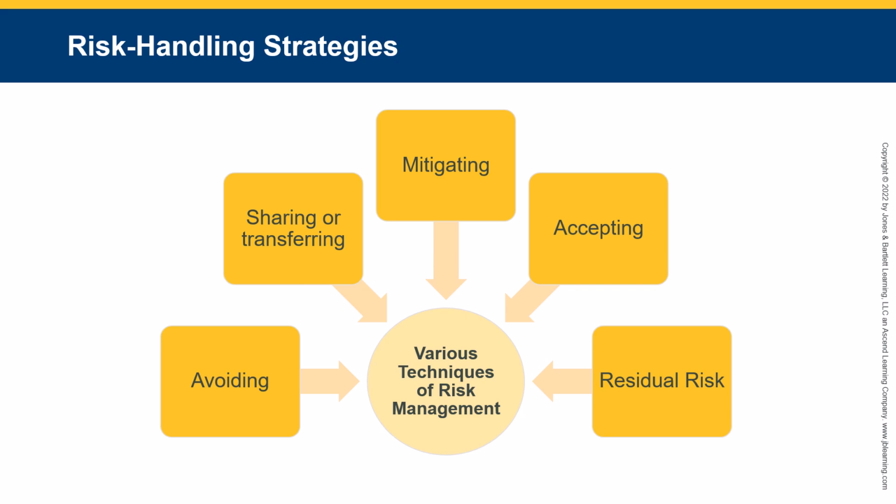Then there's also residual risk. And lastly, sometimes you just accept it. There's nothing I can do. So you can just accept the risk and see what happens. These are the main 5 strategies or techniques for risk management. And again, we're going to dive into these 5 in later chapters a lot more in depth.